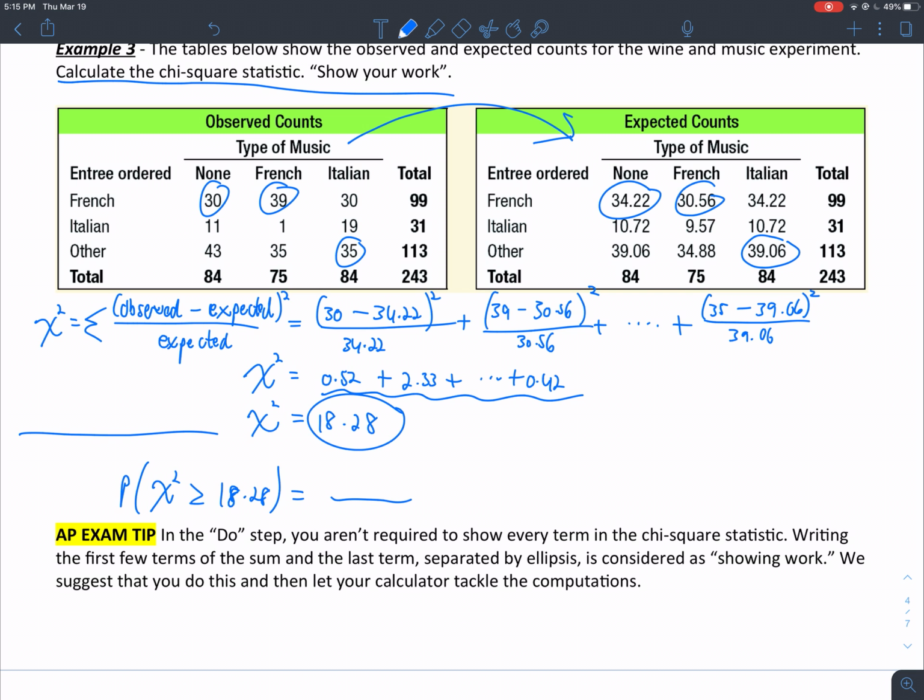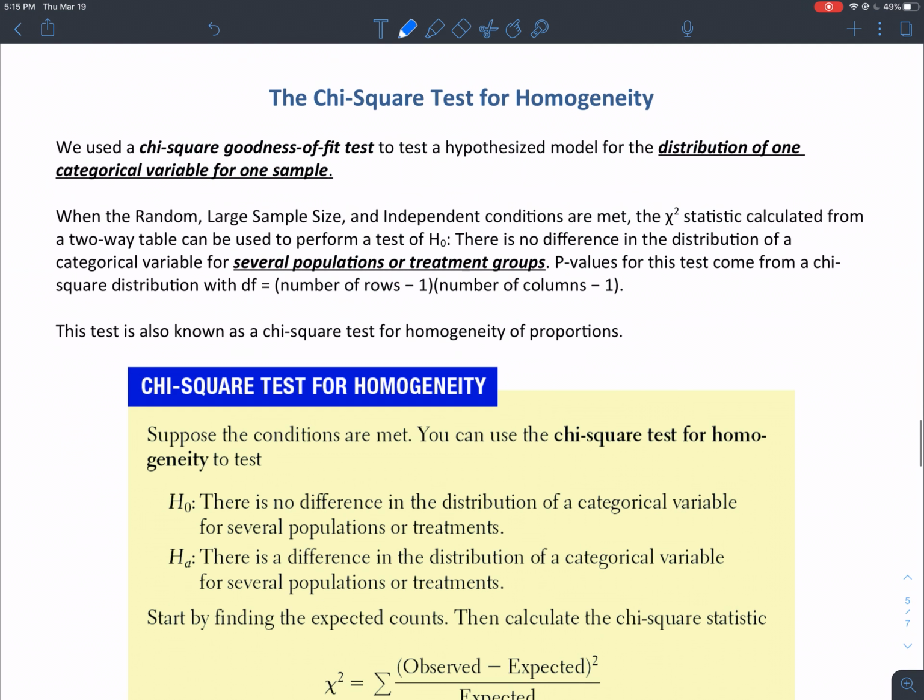Remember again, the smallest number chi-square can have is 0. It's a heavily right-skewed distribution depending on how many degrees of freedom. You put your chi-square statistic here, and we're looking for this area here. Now, for the chi-square test for homogeneity, we use the chi-square goodness of fit test to test a hypothesized model for the distribution of one categorical variable. Great, we just said this.